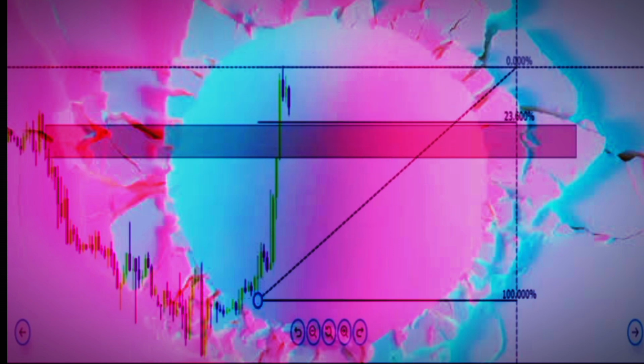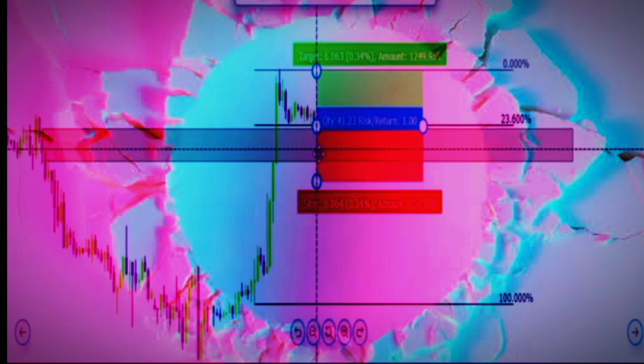Now, let's learn this strategy with an example. Here, we have the Australian dollar to US dollar chart on a 1-hour time frame. We can see that the market formed a flip zone, indicating a higher probability of the price moving upwards after returning to this zone. To proceed, we draw the Fibonacci retracement levels from the candle that formed before the impulsive move to the wick of the higher high candle.